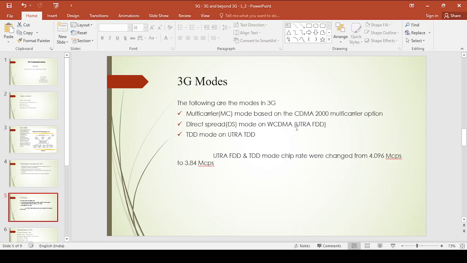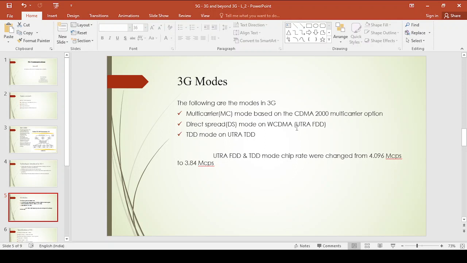UMTS is nothing but universal mobile telecommunication system. And FDD you already know, frequency division duplex. You have two different techniques, TDD and FDD, in order to access the spectrum.